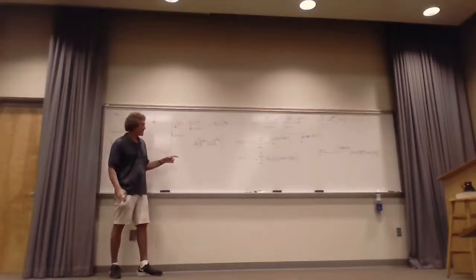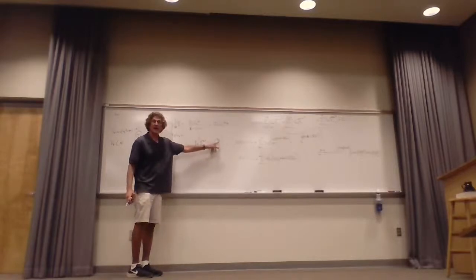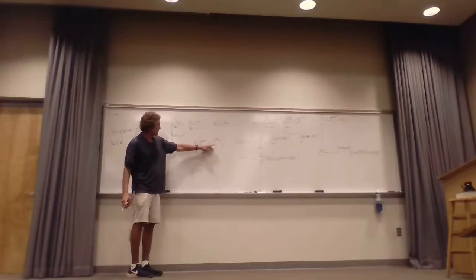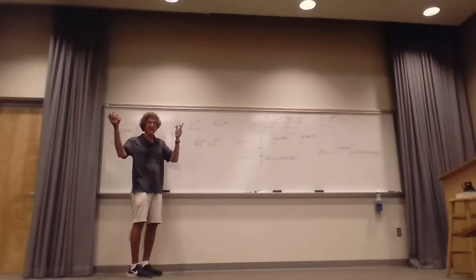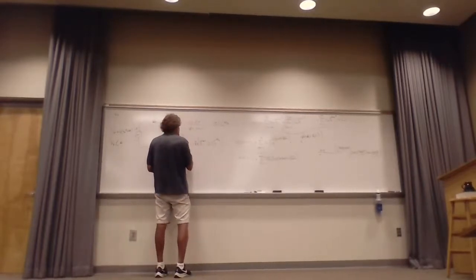Now, he's ahead of you, but you can take e to the j omega naught t and add that angle to it, right? And then when I take the real part of e to the j omega naught t plus an angle, I just get the cosine of that. So this would be my I of t.